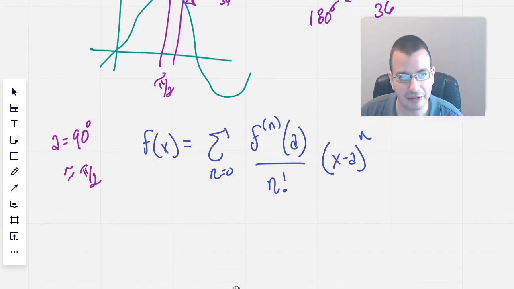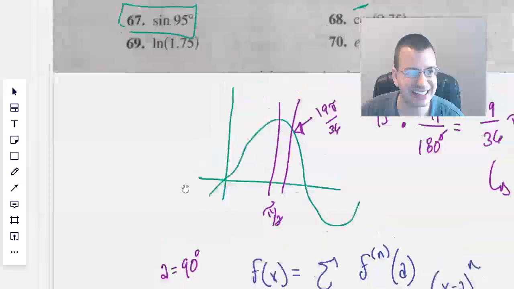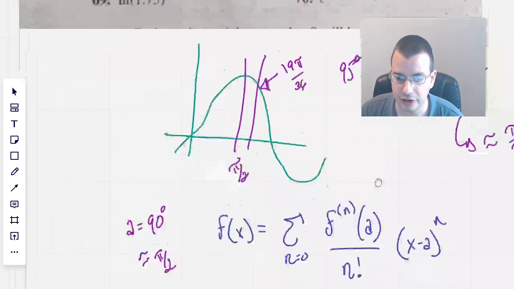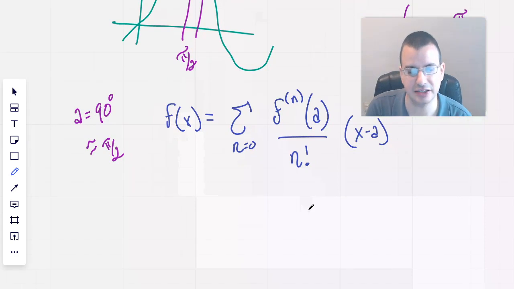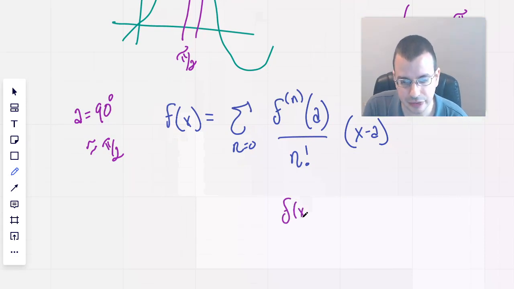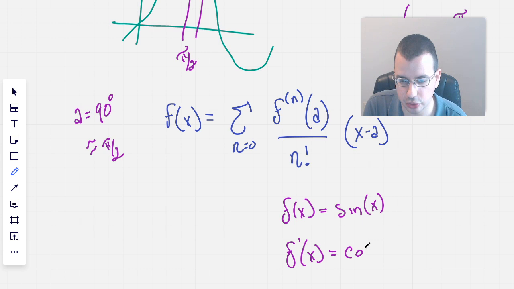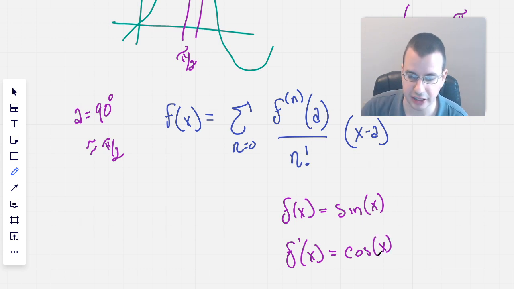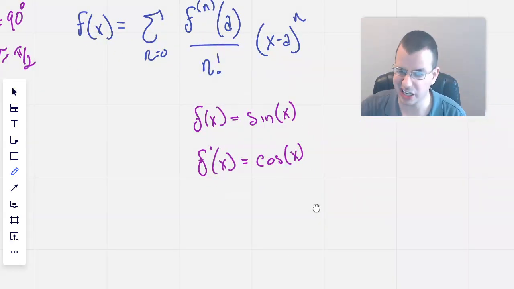We're trying to find sine of 95 degrees. So I'm going to say that f of x equals sine of x. Pretty reasonable. F prime of x will be cosine of x. I'm going to do this a few times to make sure I understand the pattern.